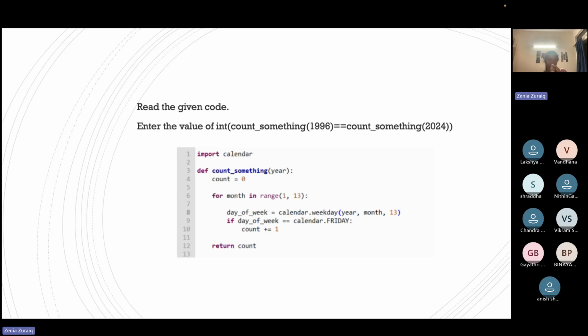Read the code carefully. If it was the number of weeks, why would this condition come? The number of weeks is fixed in a year, right? It's always 52. So why would this condition come if it's the number of weeks? Read the condition carefully, what has been done.